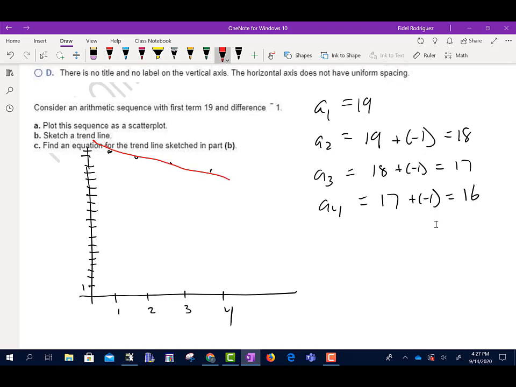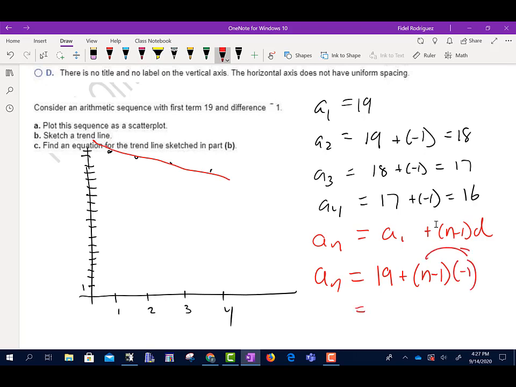Okay. And now we're going to find our equation. So remember, my formula is going to be equal to a1 plus n minus 1 times d. Okay. a1 we know is 19. n minus 1 times the difference, which is a negative 1.